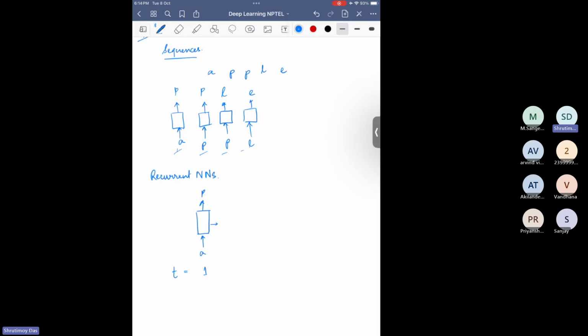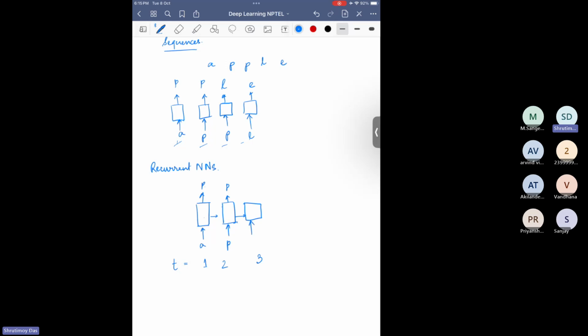You have some input A, you want to predict some output P, and now you have learned some information about this, that given A you want it to predict P. So you can pass this information to the next time step. Now let's say time 2, the second time step, your input is P, it again outputs P. Now you pass this information to the third time step.